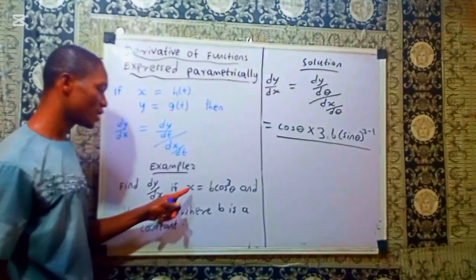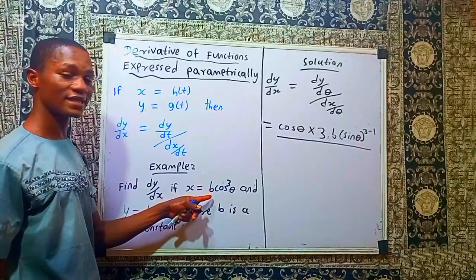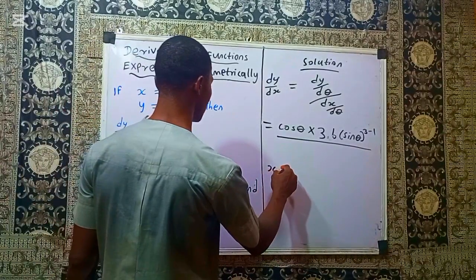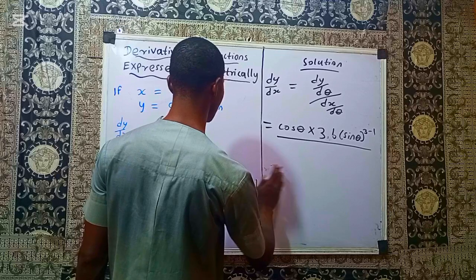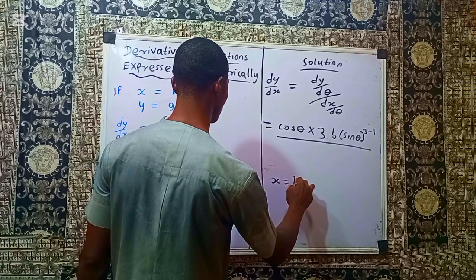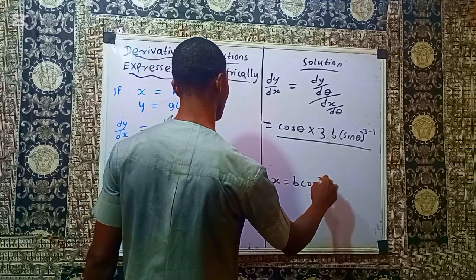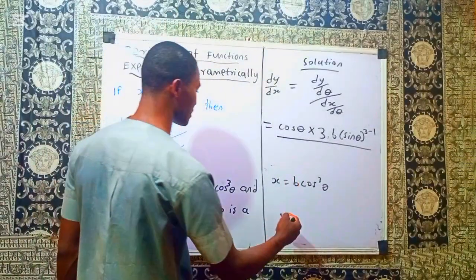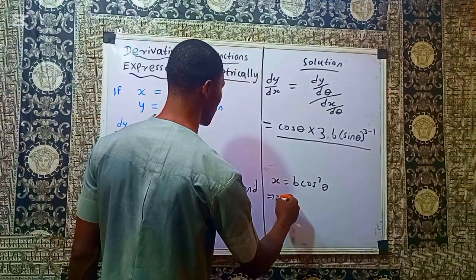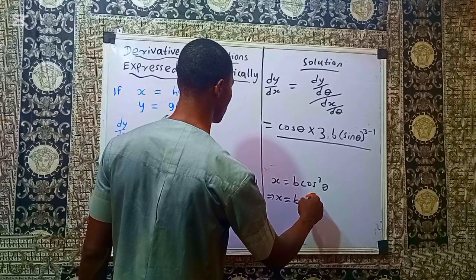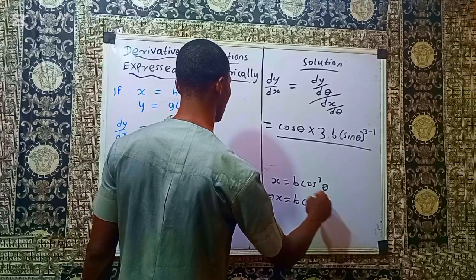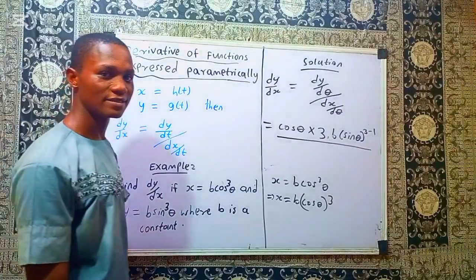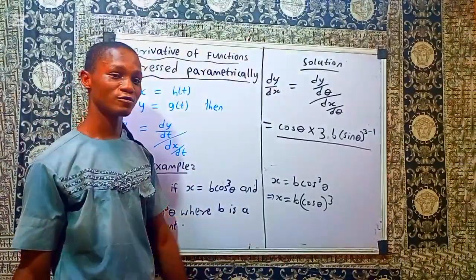We'll come to x. You differentiate x with respect to theta. Look at what is given to us: x is equal to b cosine raised to power 3 theta. Using the same analysis, it implies that x is equal to b times cosine theta all raised to power 3, because cosine raised to power 3 theta is the same thing as cosine theta all raised to power 3.